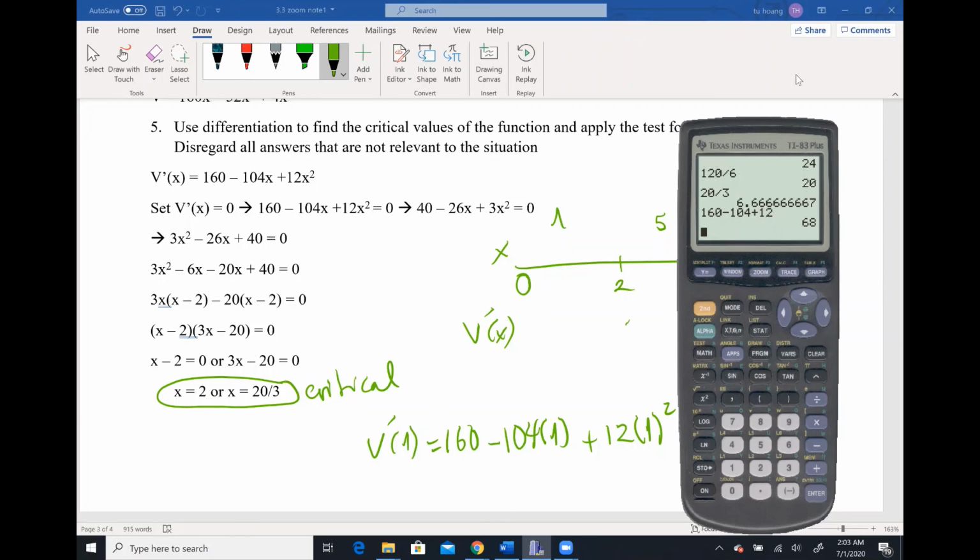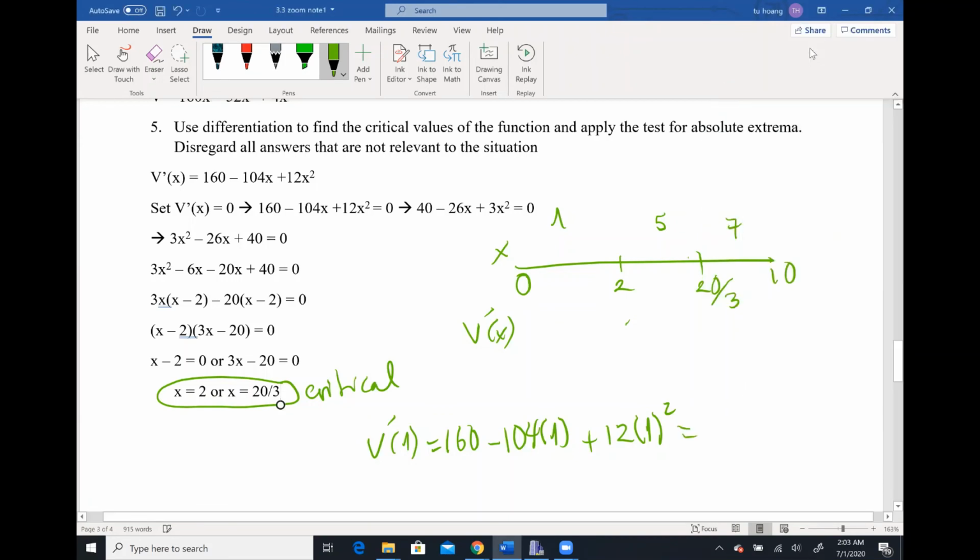That gives 68. Okay, so that is greater than 0. So this should be positive.